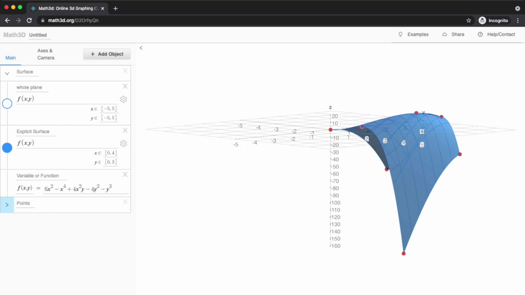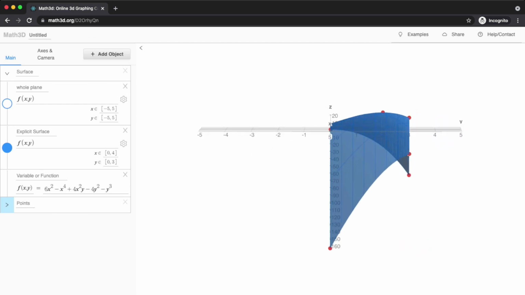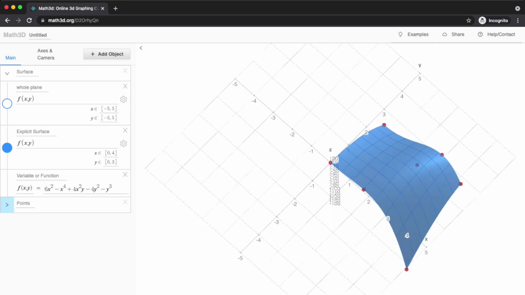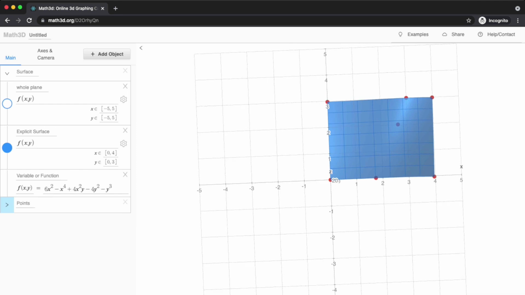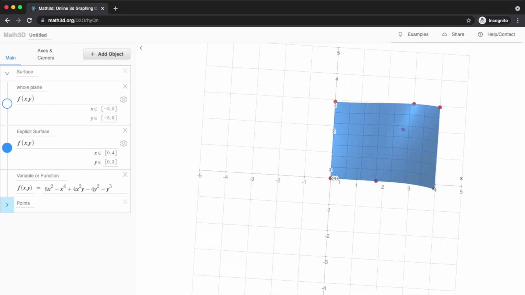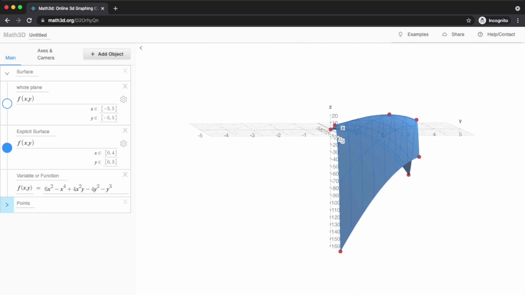So that's our absolute min. Our absolute max, the highest point on the surface, is this point near the middle of the surface. And that's coming from that point (root 7, 2), and it had a value of 25. And if we look at the scale on our z-axis, yep, we see it's about at a height of 25.